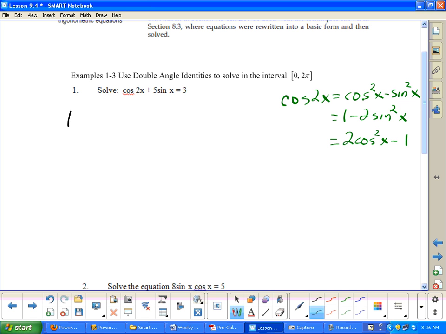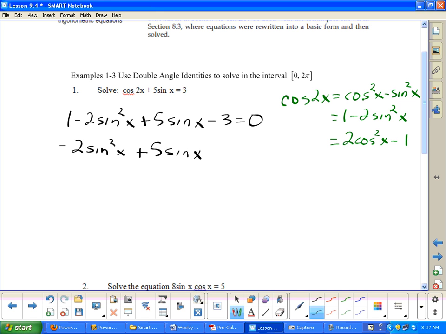So we'll have 1 minus 2 sine squared x plus 5 sine of x. And what should I do with that 3? I want to move that over because I want it equal to 0, because we're going to have a quadratic here, and hopefully we'll be able to factor this quadratic. So we have negative 2 sine squared plus 5 sine of x, and minus 2 equals 0.